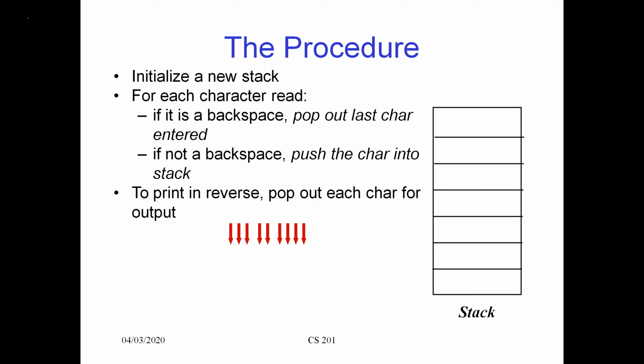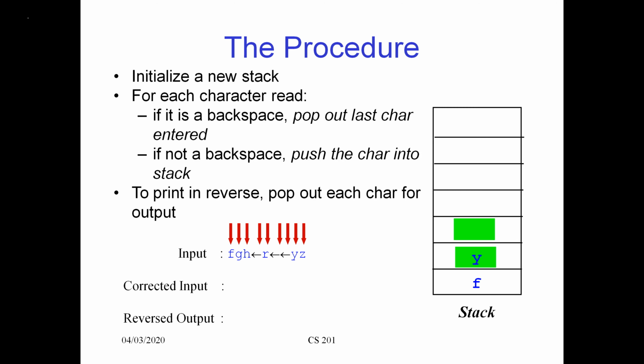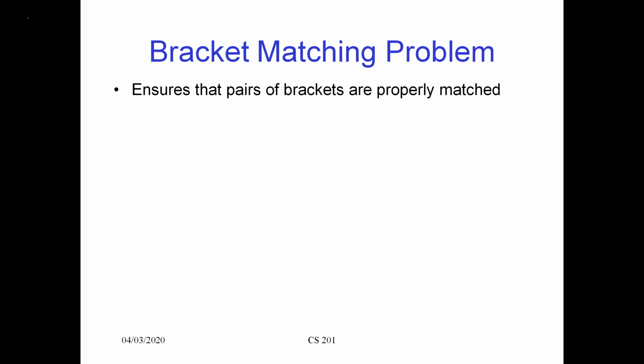Remember we talked about how we convert an infix expression into postfix using a stack. Exactly that way we do it. Inputs come in one after the other, and you can see the corrected inputs. You remove this, you remove that, and you correct these two. So automatically the corrected inputs come, and when you take the reverse output, it's the other way around.